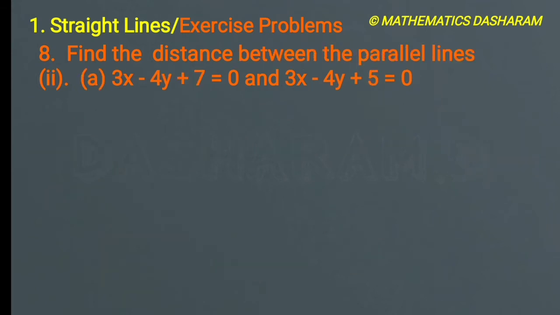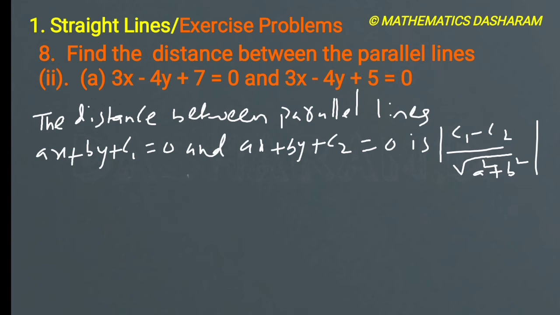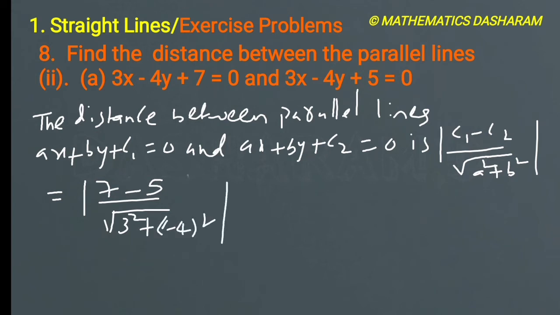Next, second question, a problem: 3x minus 4y plus 7 equals 0 and 3x minus 4y plus 5 equals 0. So here is a suitable formula. Let's substitute the values. Mod c1, the first constant number 7, minus c2, the second constant number 5, under root a square plus b square, the x coefficient and the y coefficient.